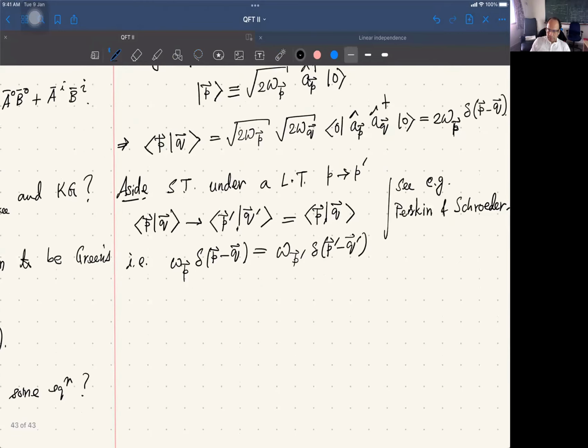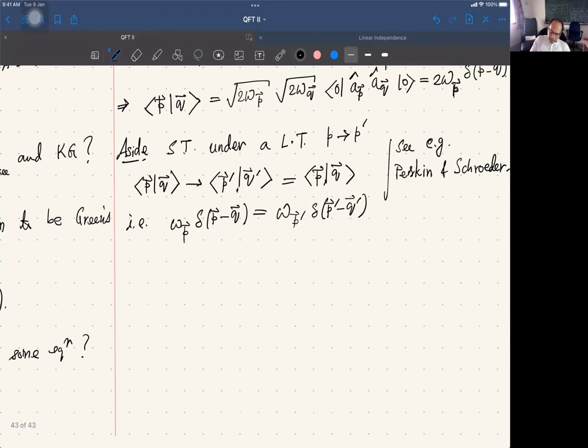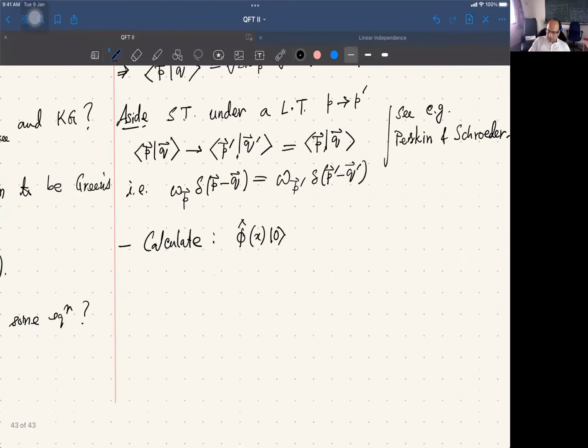Now, then calculate phi hat x acting on vacuum, and this will be given by integral d^n p over 2 pi to the power n by 2, 1 over 2 omega p, e to the minus i p dot x, p.